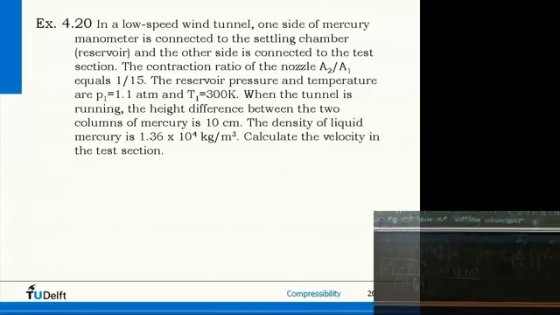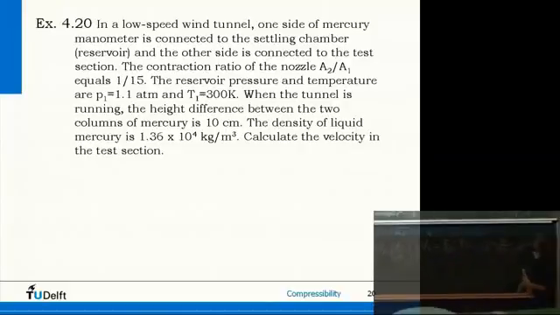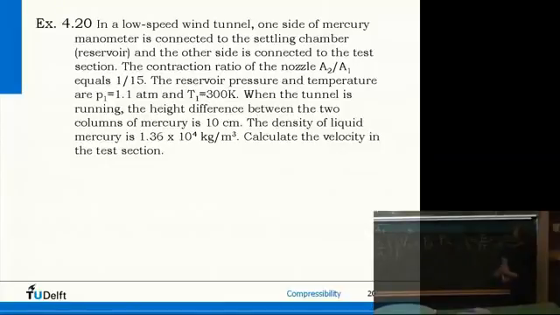Pressure is given as 1.1 atmosphere, 1.1 times 10 to the power 5, R is 288, and the temperature is 300. So the density then is, where is it? Here. 1.29 kilograms per meter cubed.